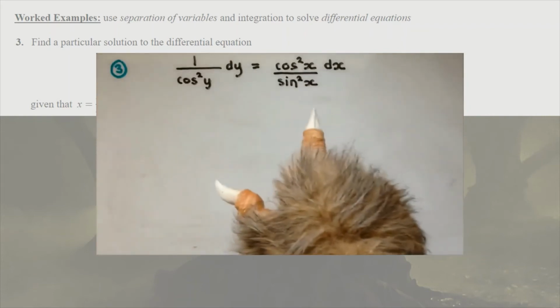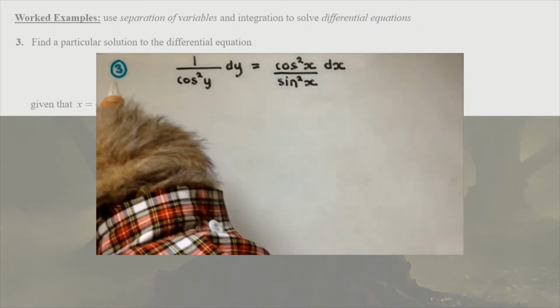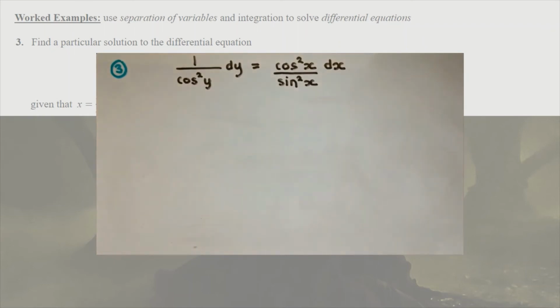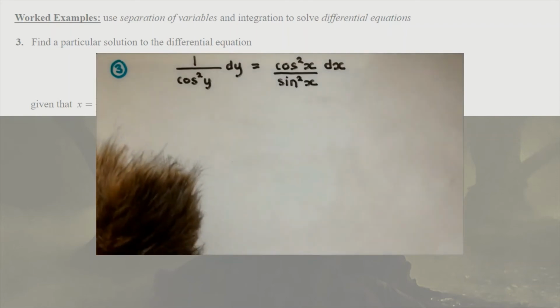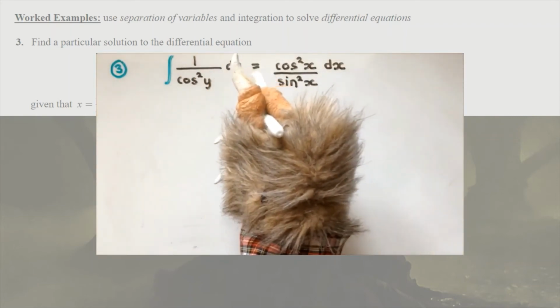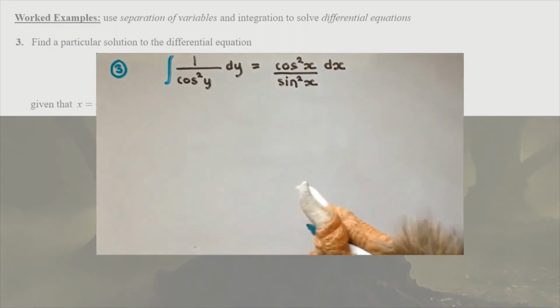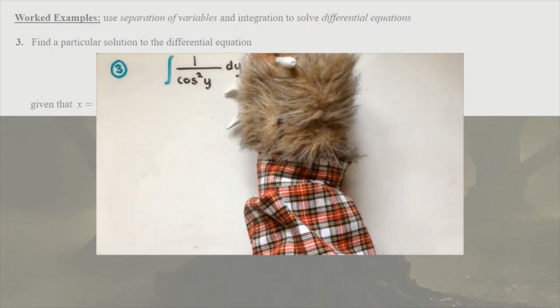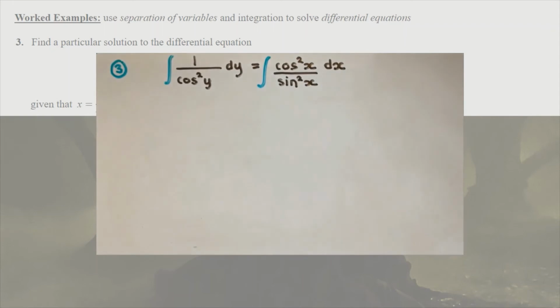Right, I've just rewritten out that step, and we're now moving on to step 3, where we can produce the integration. So I'll just put the integration symbol on both sides here. So we're going to integrate 1 over cos squared y with respect to y, and cos squared x over sine squared x with respect to x. Before we do that, you might want to jump in and use substitutions, particularly on the right hand side.